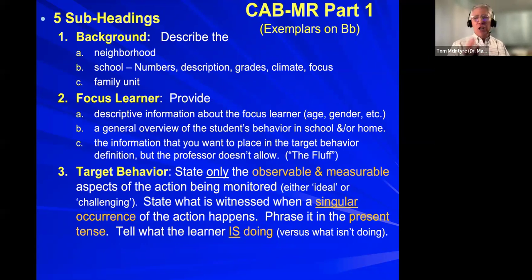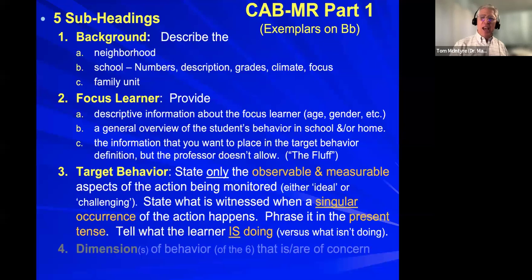Saying the definition is student out of seat, no, that's what we call it. But what do you witness when the student is out of the seat? Oh, body no longer in contact with horizontal plane of chair. Okay, that is the action, what we witness.